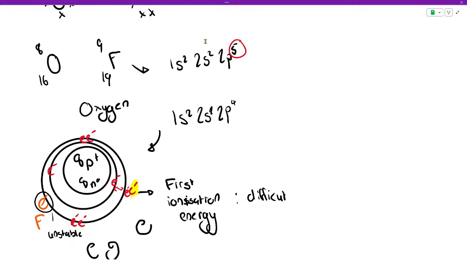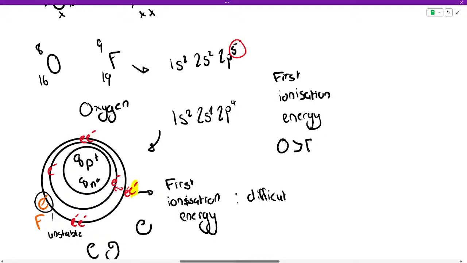So if it asks you to order them by first ionization energy, then you would say that oxygen is greater than fluorine.